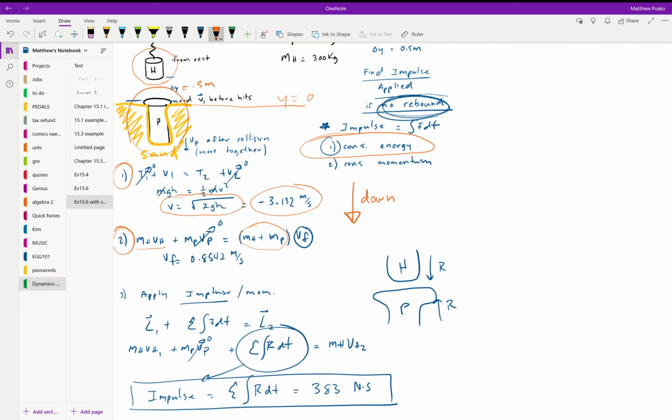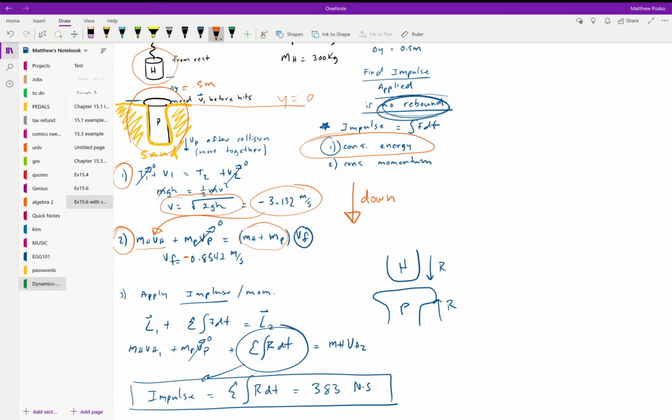So the speed that we found earlier, 3.132, we can use that as the velocity of the hammer, and that's going to give us the fact that both of them are going to move off down at 0.85 meters per second. Okay, we have the velocity of the system now after the collision.